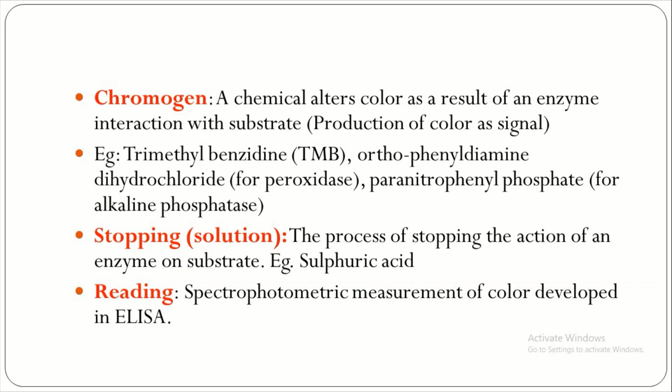Para-nitrophenyl phosphate is the substrate specific for alkaline phosphatase. A chromogen has no color before you add it to the reaction; when you add it, it reacts with the enzyme, which produces a colored product. So keep that in mind.